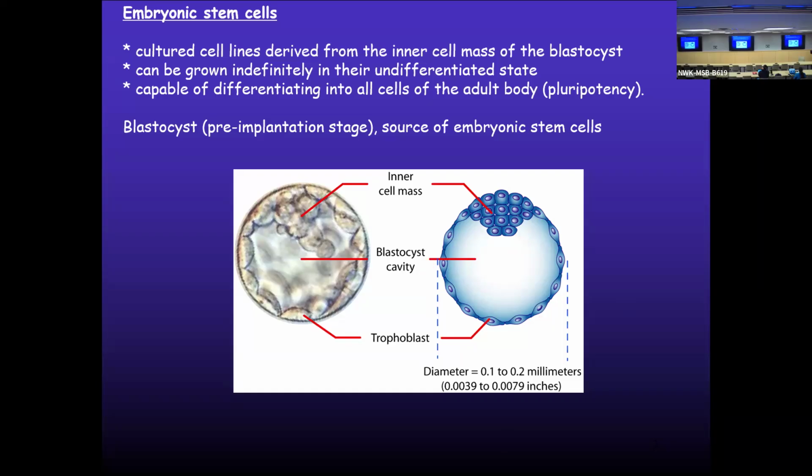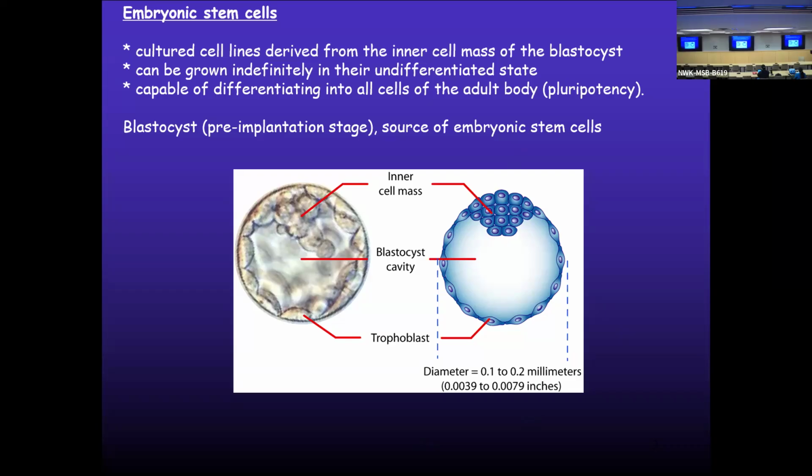Which cells cannot be made with embryonic stem cells? Just guess. Yeah, the placenta, the extraembryonic tissues, because there is a segregation already. If we wanted to make placental stem cells, which layer should we use? This one, the trophectoderm, because they are responsible for making the placenta.